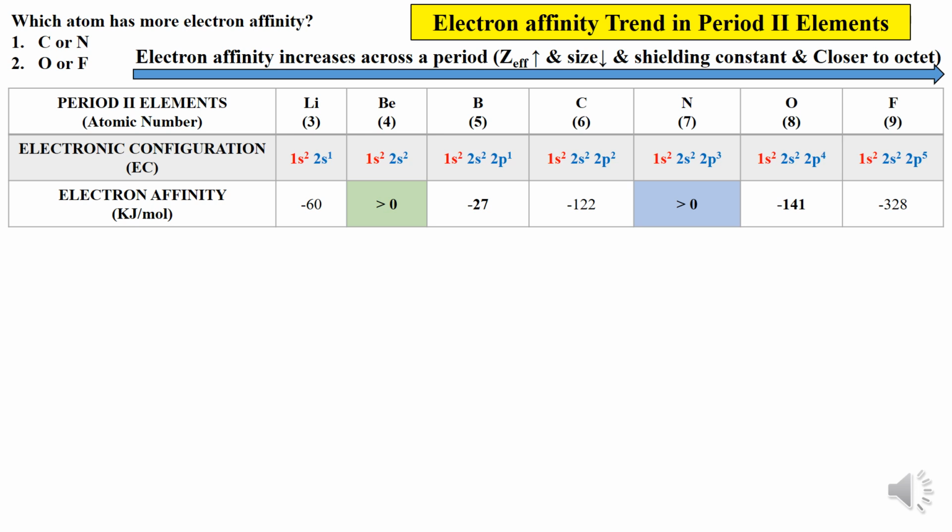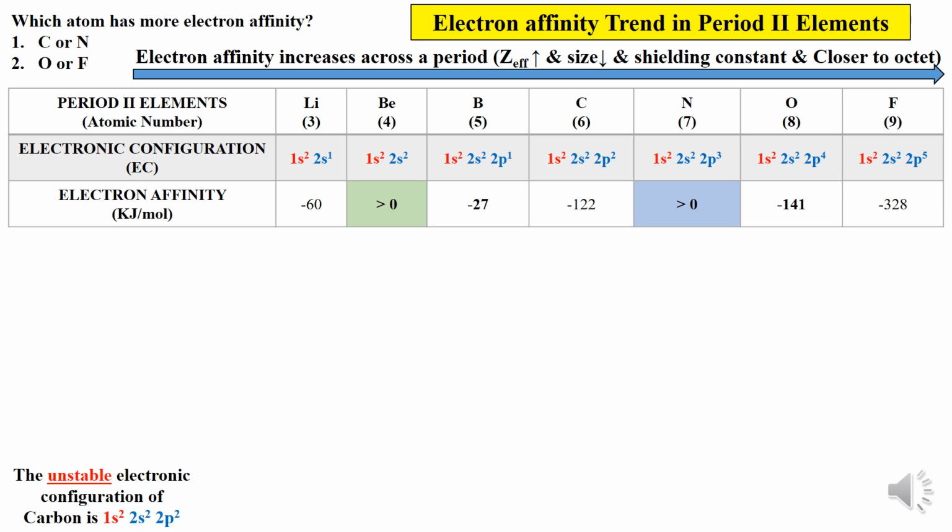But what actually happens is that carbon has a higher value, nitrogen has a lower value, and again oxygen has a higher value. So why is this anomalous behavior shown by these elements? Let's find out.